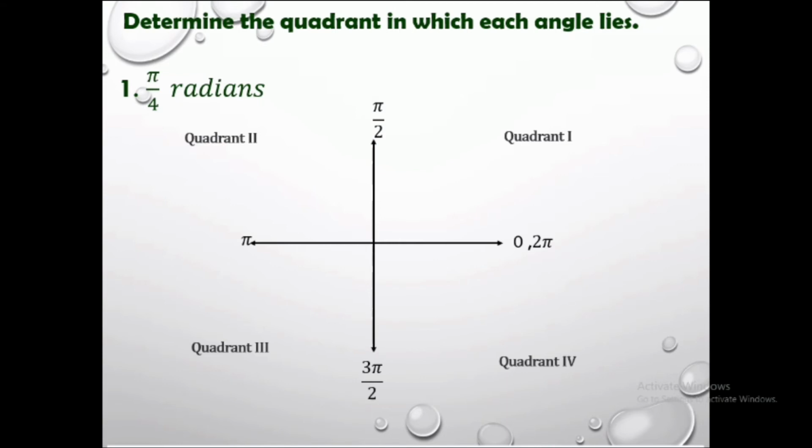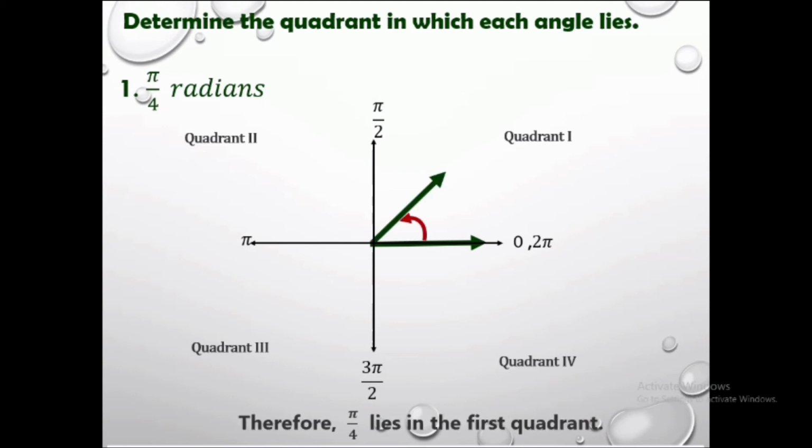The given angle in radian is positive. So the rotation of the terminal side from the initial side is counterclockwise. Since 1/4 pi radians is less than 1/2 pi radians, therefore, pi over 4 lies in the first quadrant.